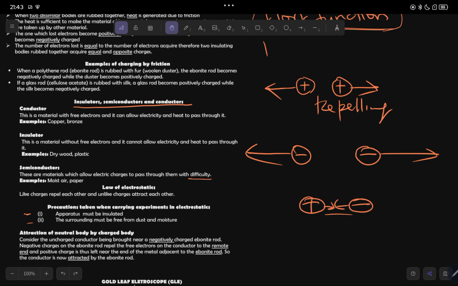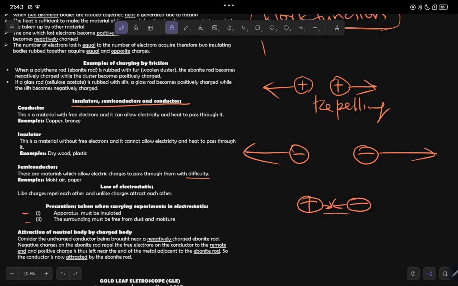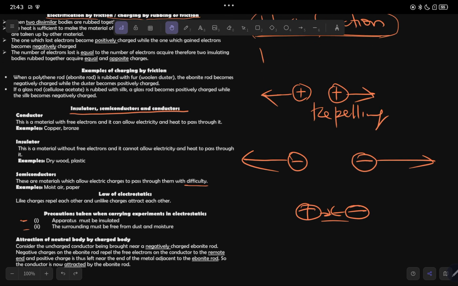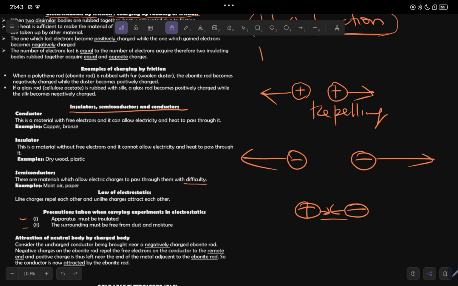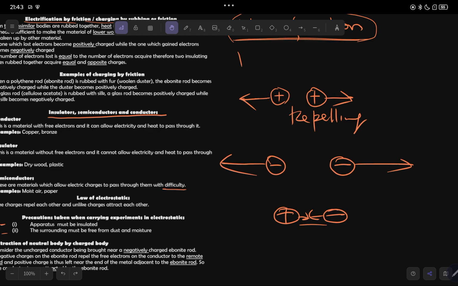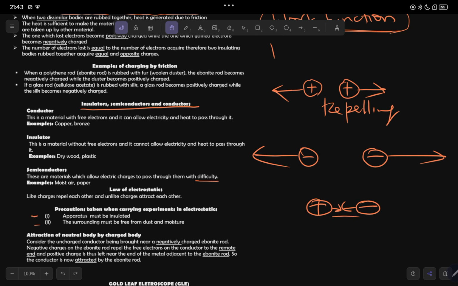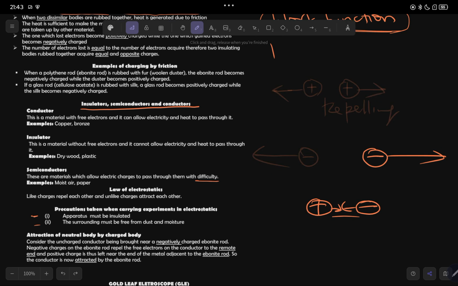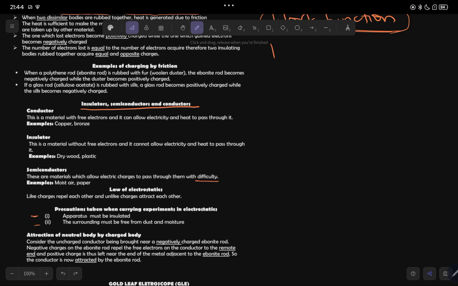Now, much as we have said that like charges repel and unlike charges attract, a neutral body can be attracted by a charged body. I would like to explain why a neutral body can be attracted by a charged body.